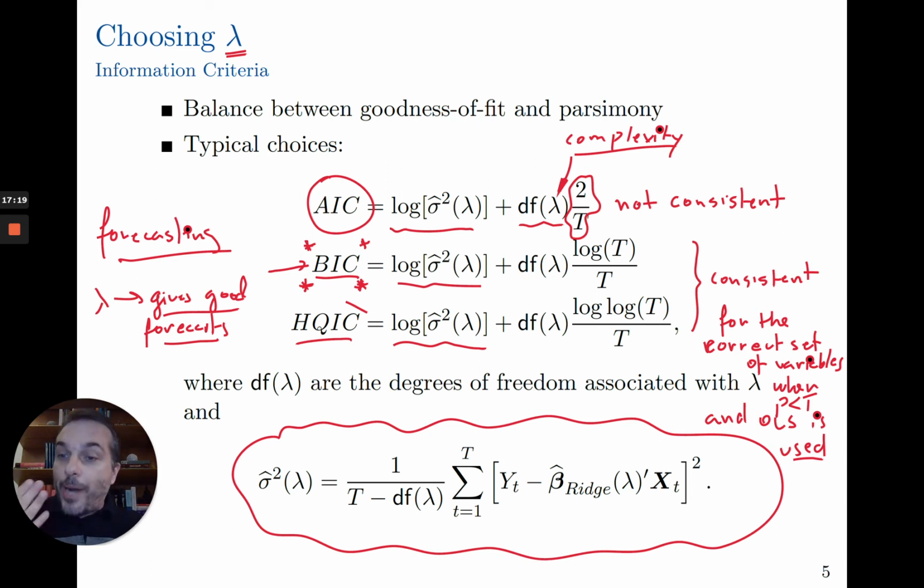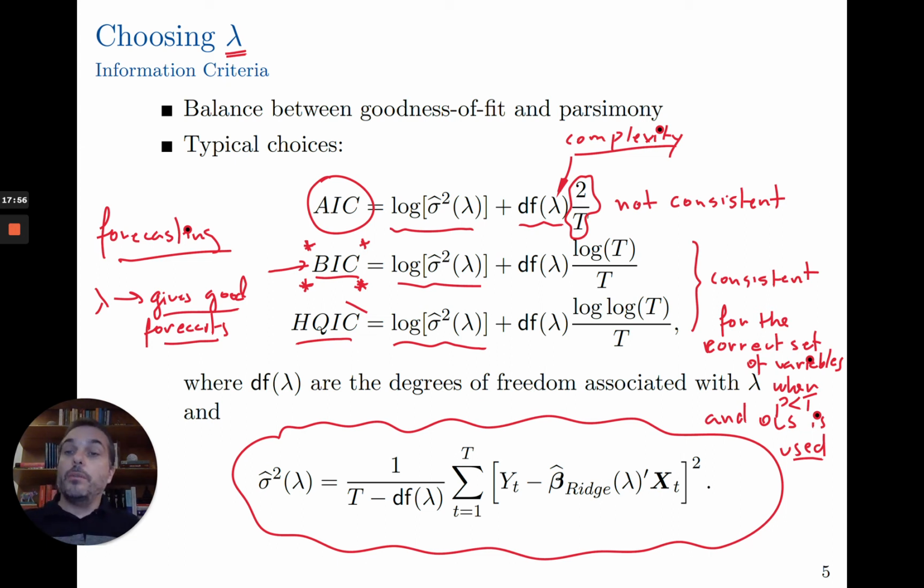But in my practical experience, using different criteria to select the penalty term in different regularization techniques, not only the ridge, but also Lasso and friends, the BIC consistently gives me good results in terms of forecasting when ridge is considered, and in terms of model selection when Lasso is considered.